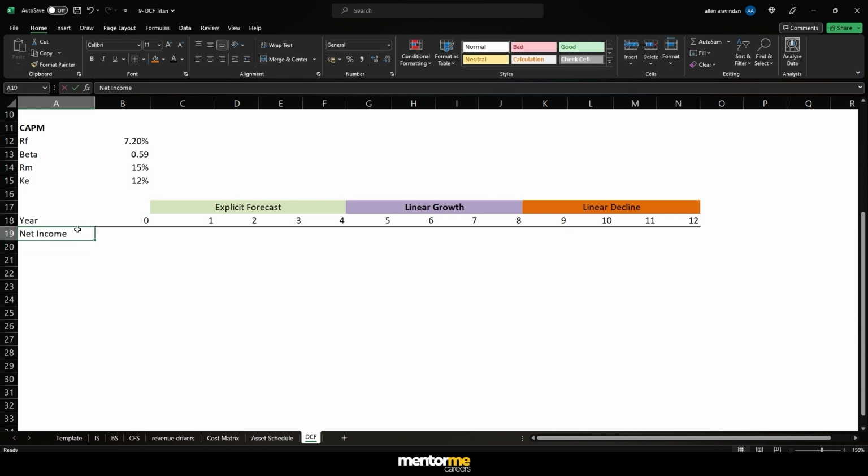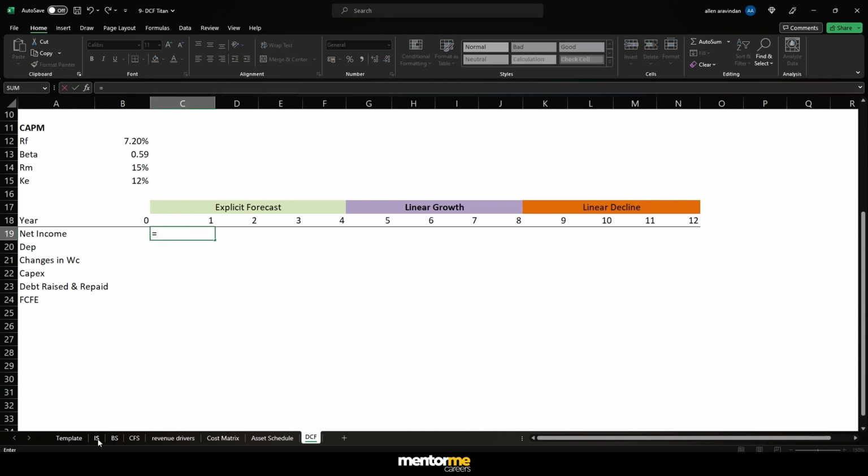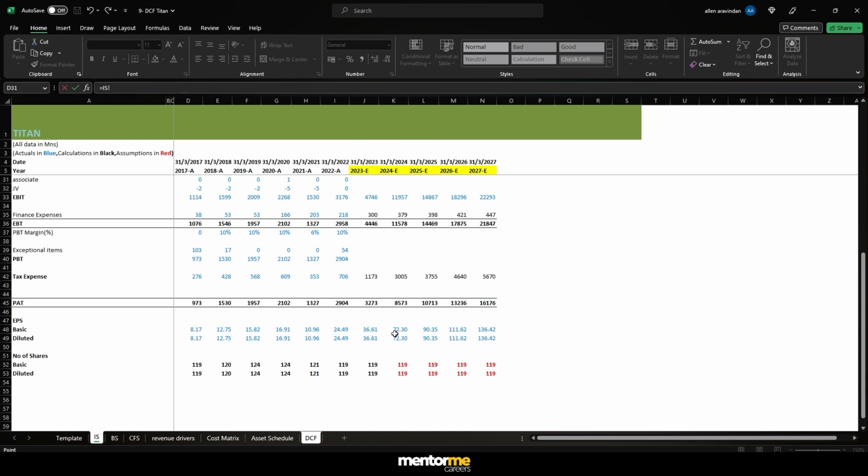Okay, so now let's start with the FCFE formula, which is net income plus depreciation plus changes in working capital, right? Capex, and we don't really have any borrowing, but we can still write debt raised and repaid. So that will give us FCFE. We can start getting the values in place, starting with net income for 24.